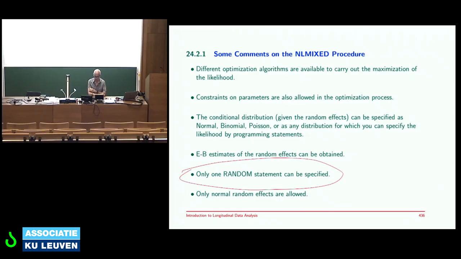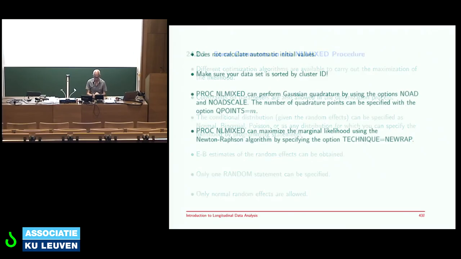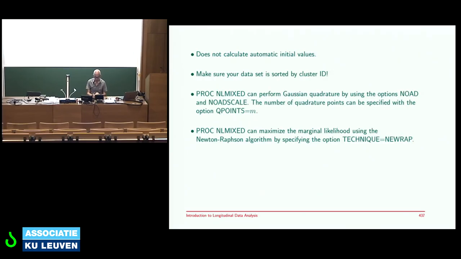In more recent versions of SAS this is expanded, and you will be able to use more than one. If you can, choose your own starting values, and you may get them, for example, from PQL, MQL, even from GEE, because it may sometimes be a little frustrating to see it diverge with its own specified starting values.